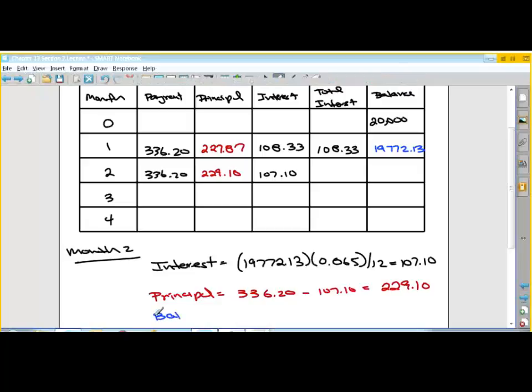And then my balance, I take the old balance from the previous month and subtract the principal, and my new balance is $19,543.03.